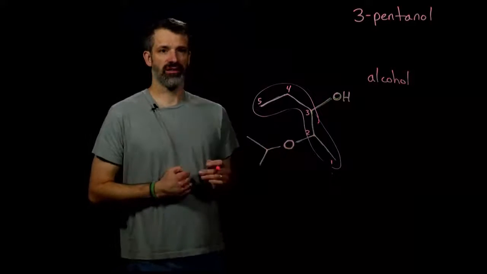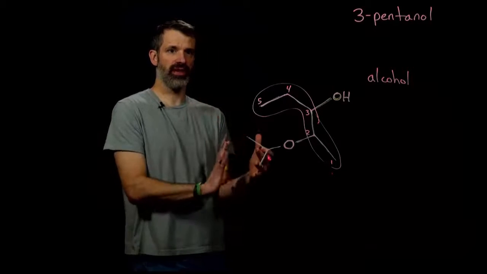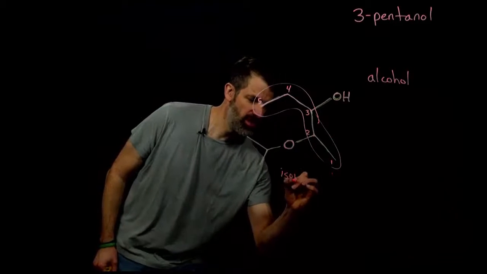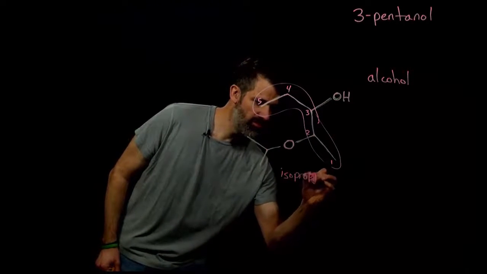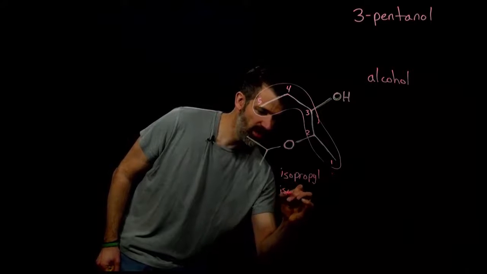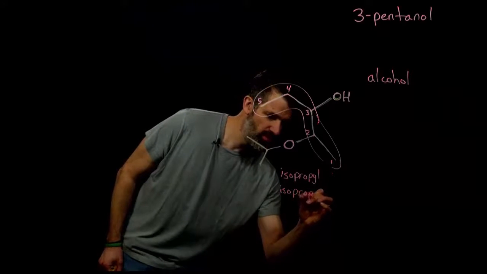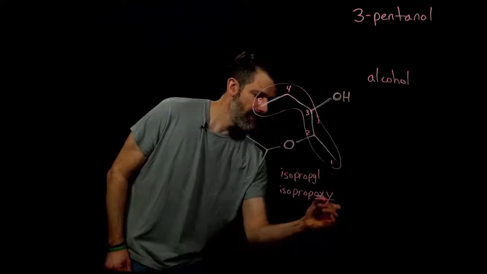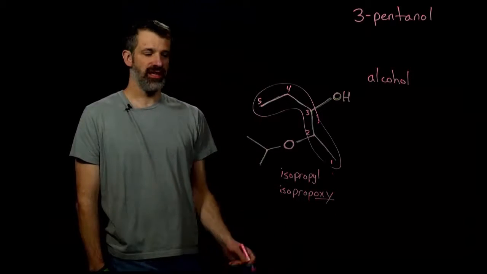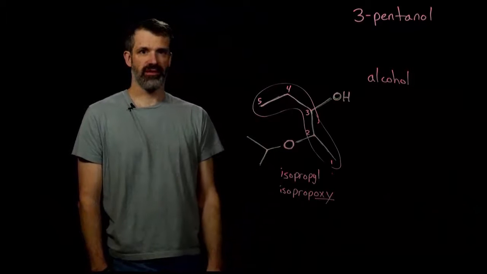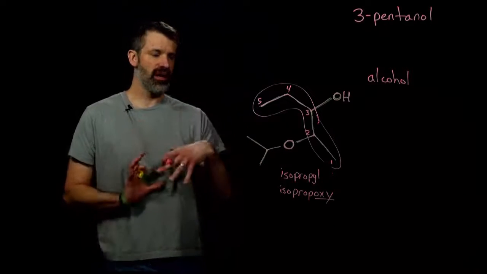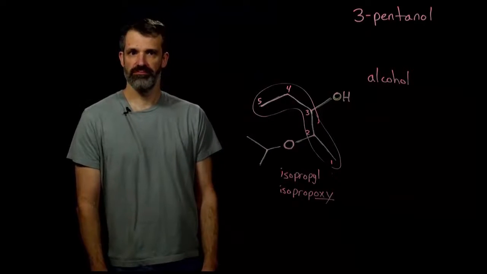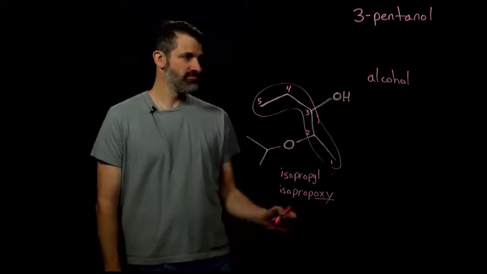But because of that oxygen being inserted between the isopropyl group and the parent chain, we're going to switch from isopropyl to isopropoxy, with the oxy at the end designating that this is an isopropyl group that is part of an alkoxy or ether containing substituent group off of that parent chain.